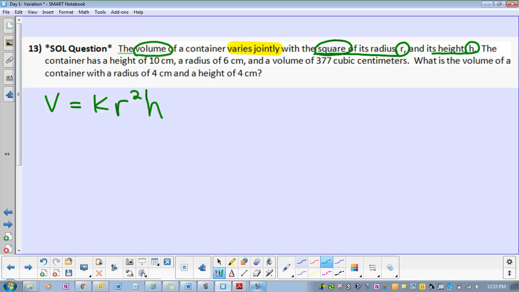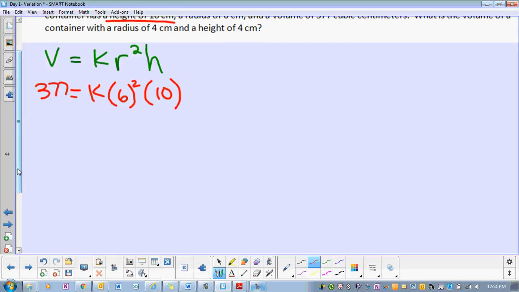So the container has a height of 10. Radius of 6. Ooh, so 6 squared. Volume, so we don't know K. Volume of 377. Okay, so let's find K. What is this? 360?